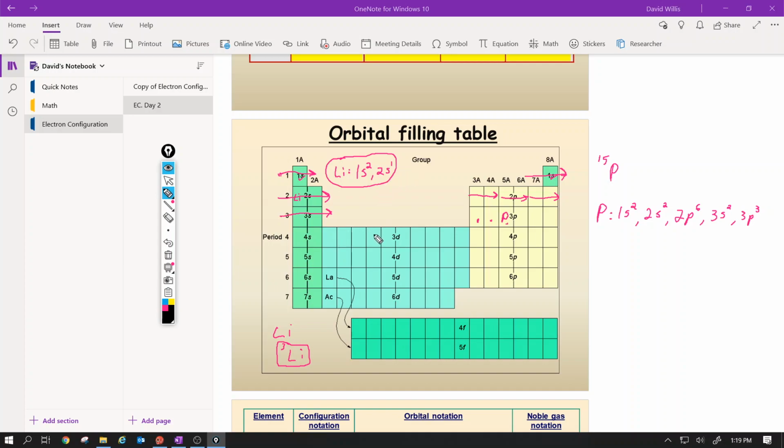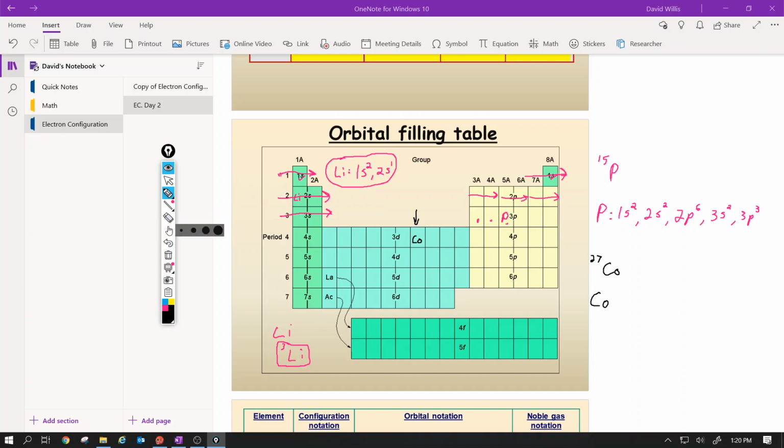There's cobalt, and it happens to be number 27. Is that correct? Yes, sir. All right, so let's start listing this out.